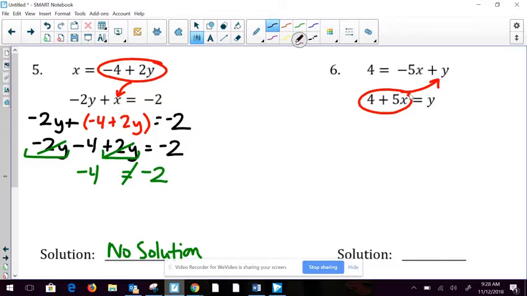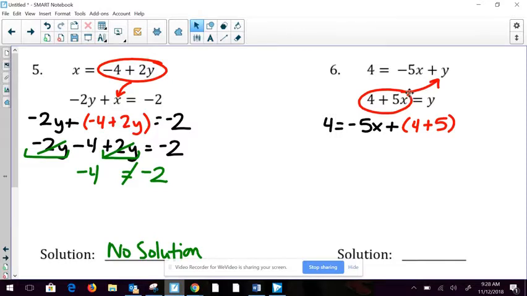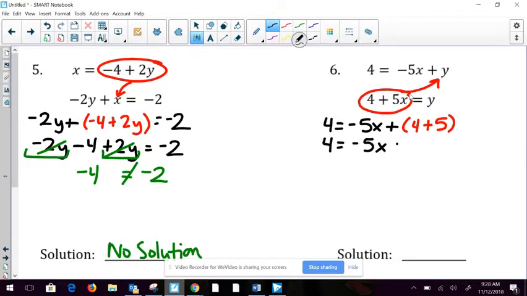So instead of saying 4 is equal to negative 5x plus y, we're going to say 4 is equal to negative 5x, 4 plus 5x. Okay, so again, we're substituting that back in the top equation. So now we can rewrite it. There's no coefficient outside the parentheses, so it's just 4 is equal to negative 5x plus 4 plus, oops, I forgot my x over here, 5x.